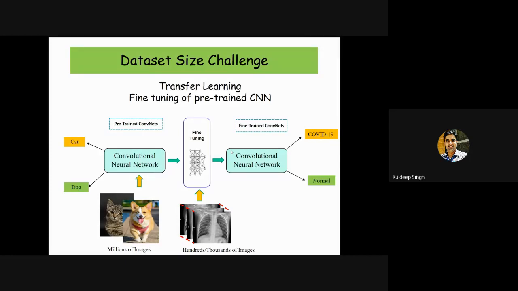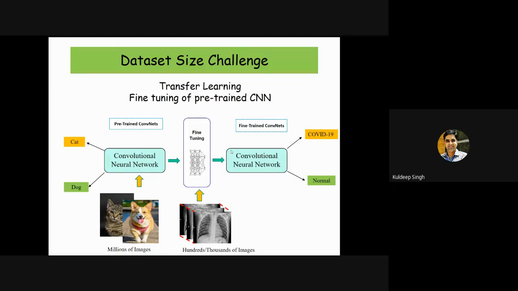Specifically in the case of COVID-19, I was reading somewhere the first deep learning based model was trained on less than 100 COVID-19 chest X-ray images. So you can understand the scarcity of data available for training of these models. That is basically the data size challenge, and there is a solution to it.